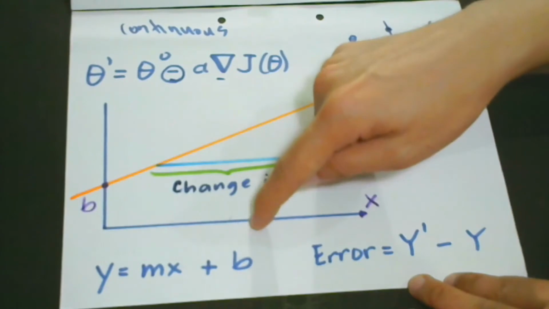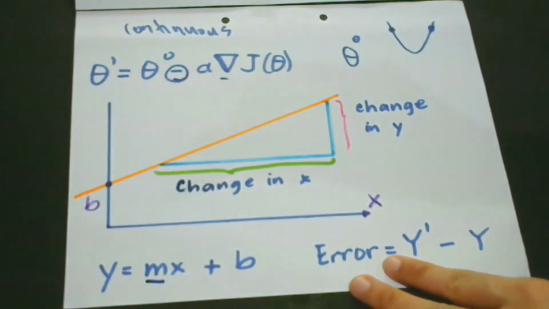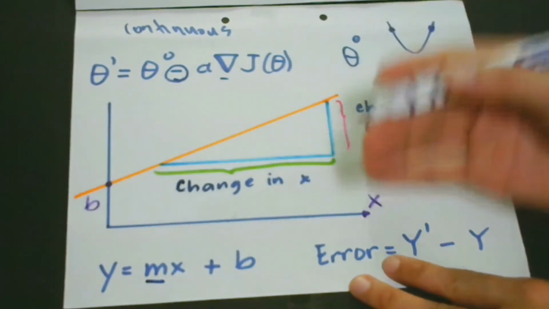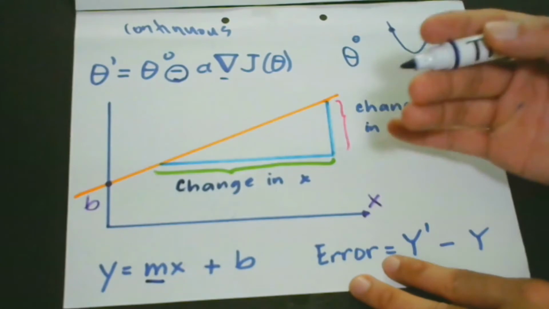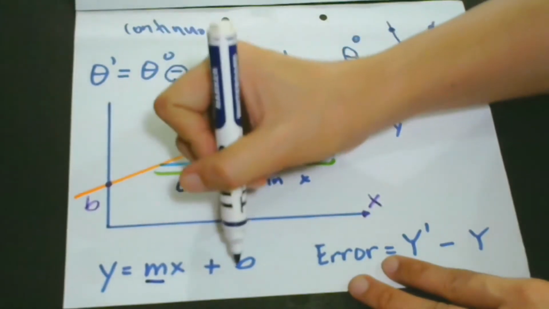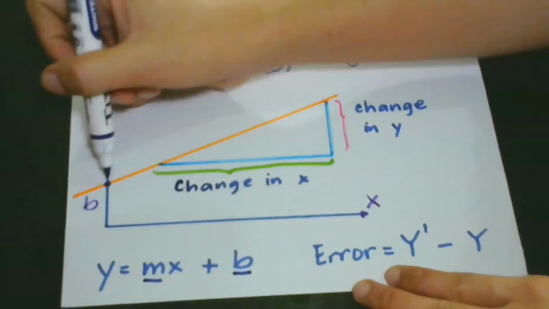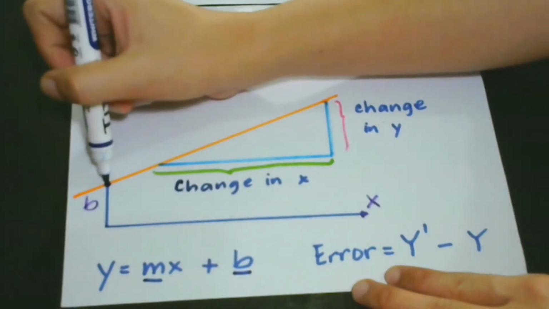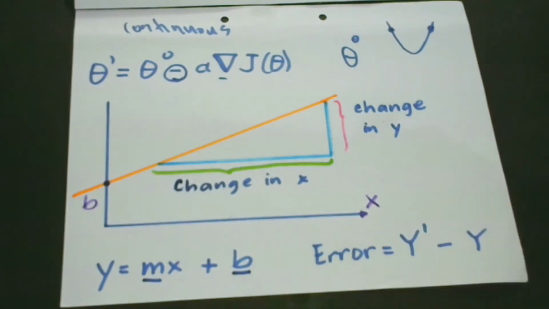We know that m is the slope, which is the change in y with respect to the change in x. And b is the intercept on the y-axis, as you could see here. This is the point where x and y intercept.